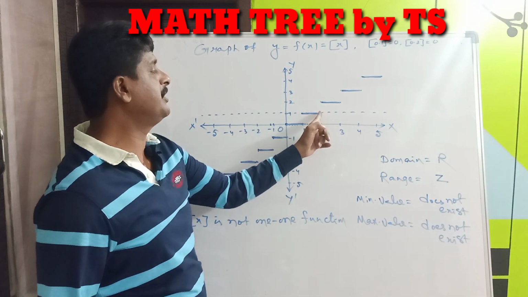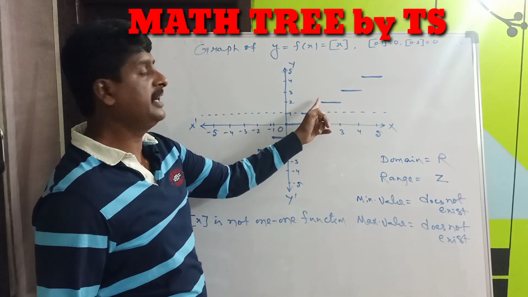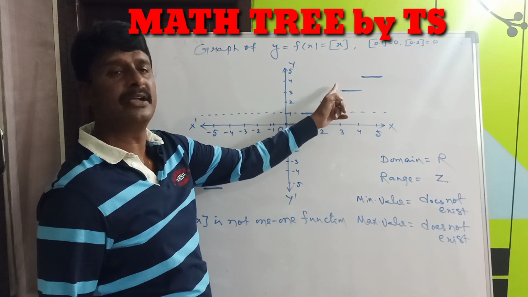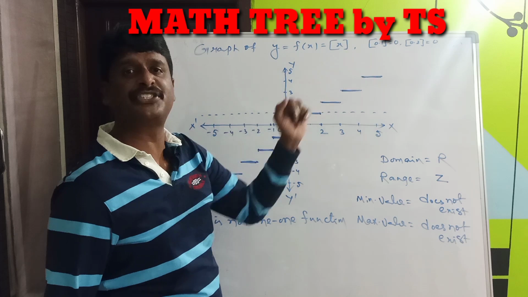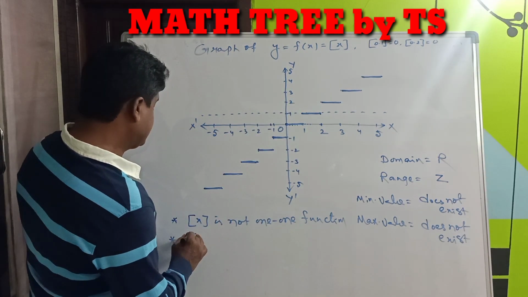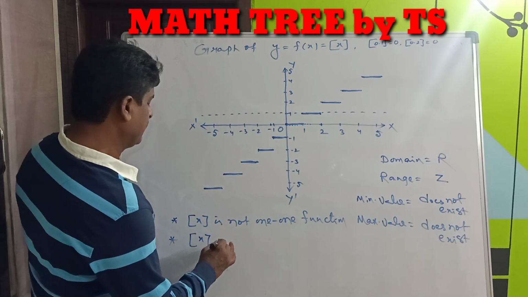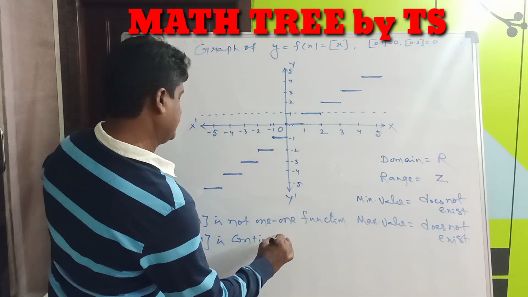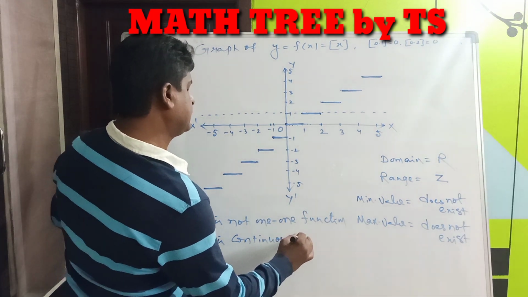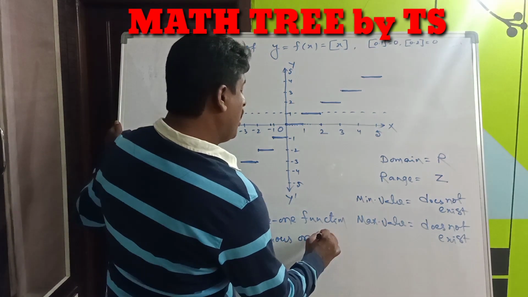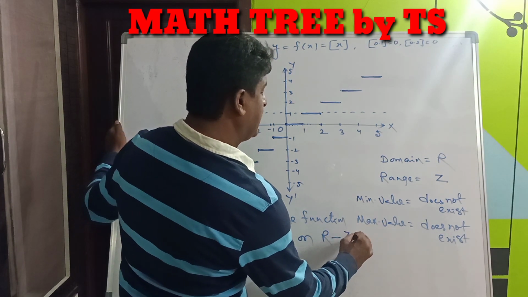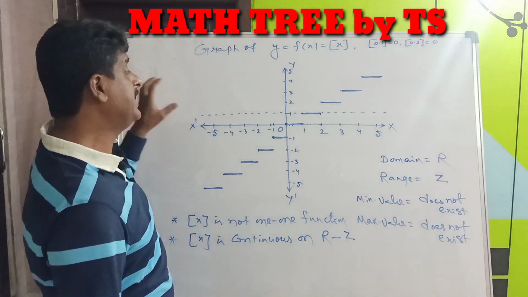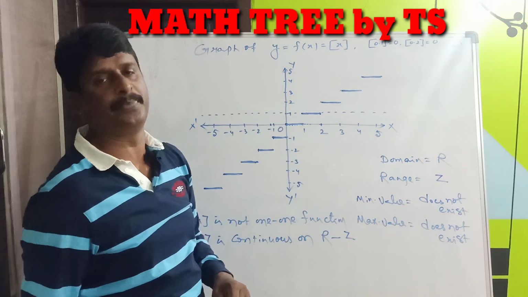Till here it is continuous, again it is jumping. Till here it is continuous, again it is jumping. So step x is continuous on the set of real numbers except integers. At integer points it takes a jump.